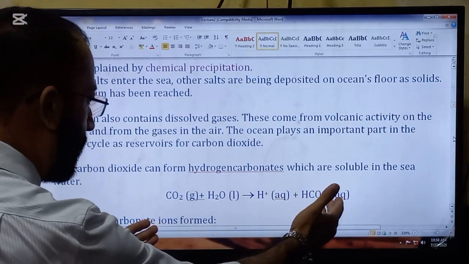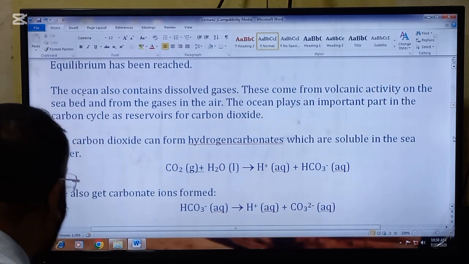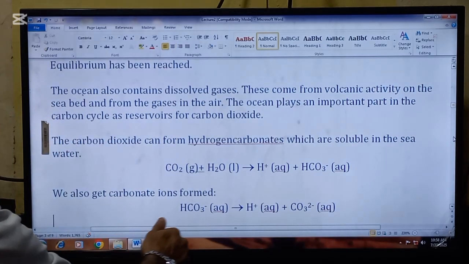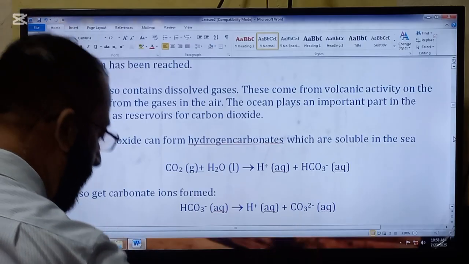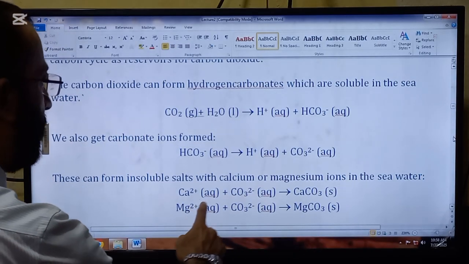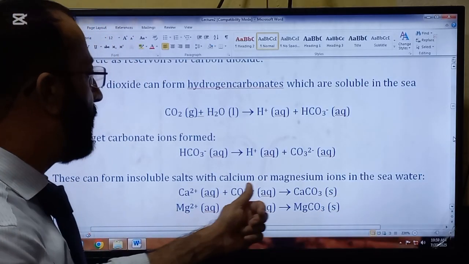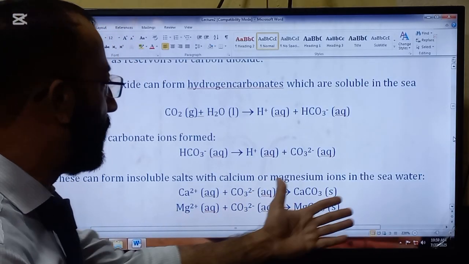So this hydrogen carbonate is actually made by the reaction of water with carbon dioxide. We also get carbonate ions formed. These can form insoluble salts with the calcium and magnesium ions in the seawater. Already magnesium and calcium ions are present in the seawater.